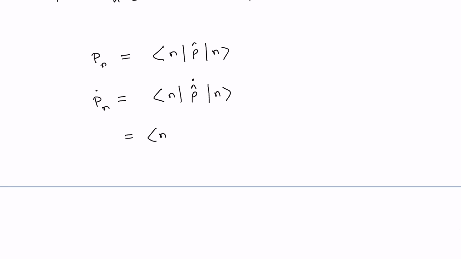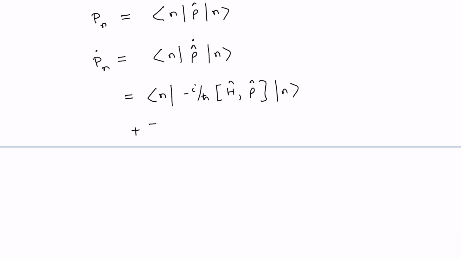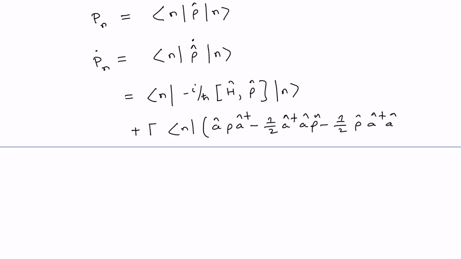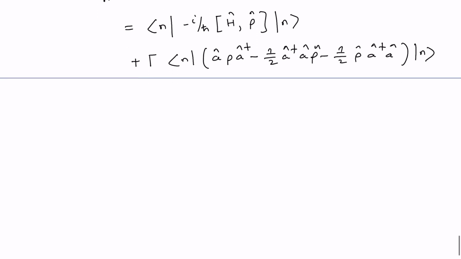The first term is n, minus i by h bar, the commutator of H and rho, n, and the second term would be gamma, n, with the term in the bracket being a rho a dagger minus 1/2 a dagger a rho minus 1/2 rho a dagger a, n.